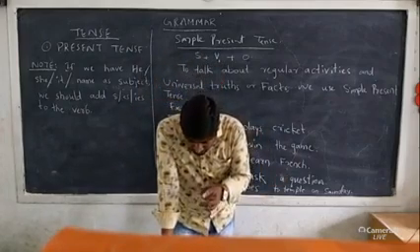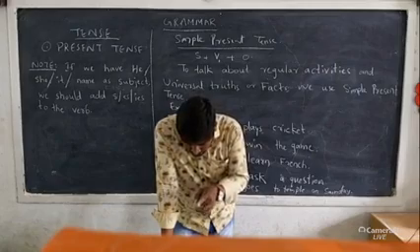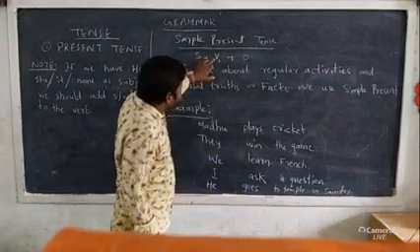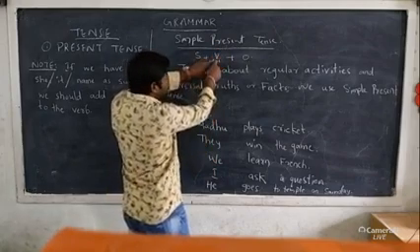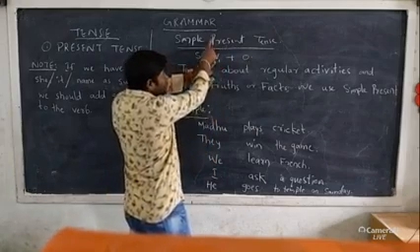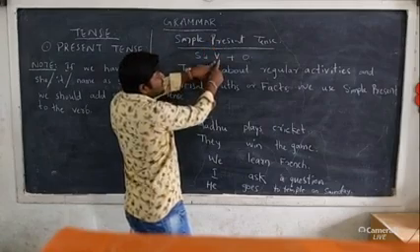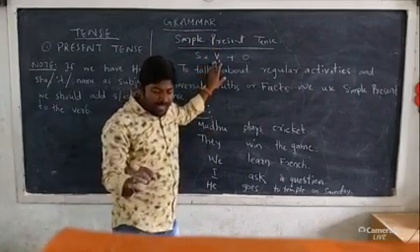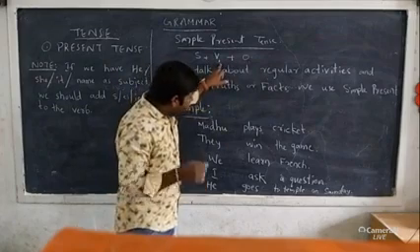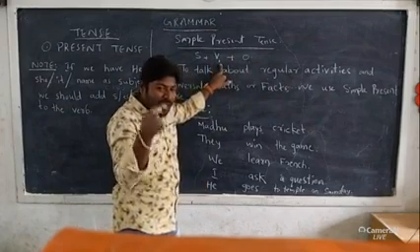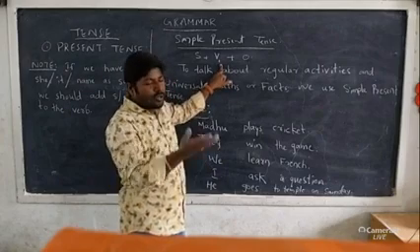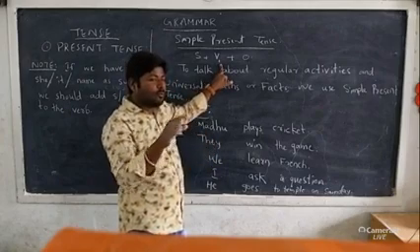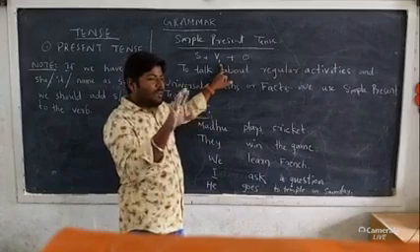There should be V1. Then only it belongs to simple present. If we mention V2, it will be simple past. We cannot mention V3. Whenever we have a third verb, we should definitely have a helping verb before it. When we learn present perfect tense, I will tell you what helping verb will come when we have the third verb.